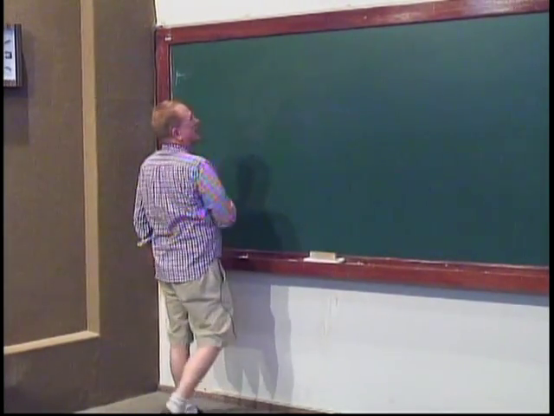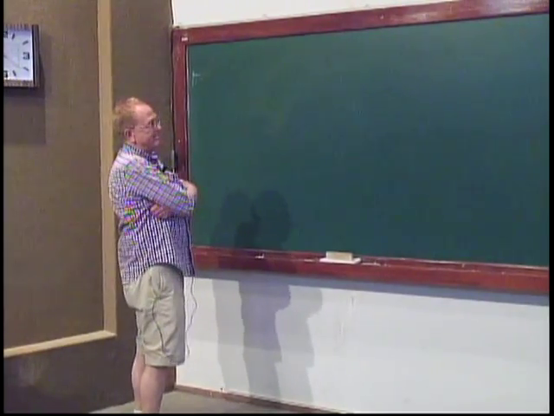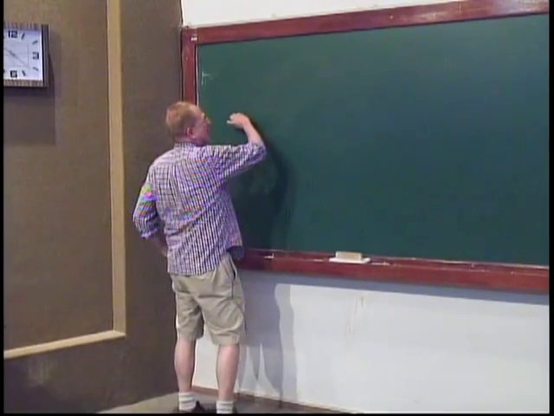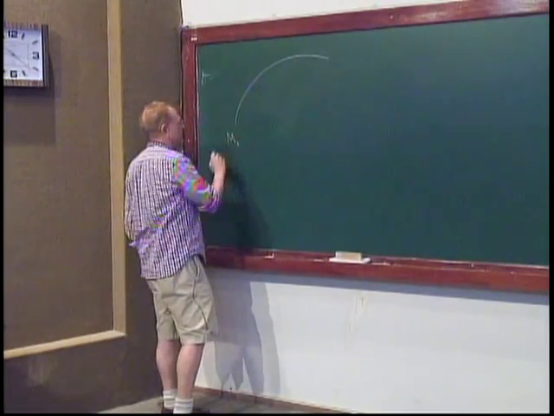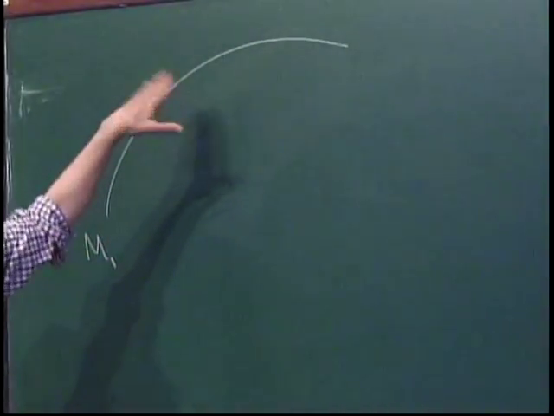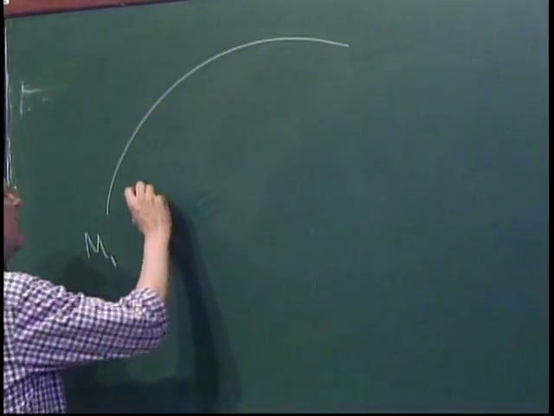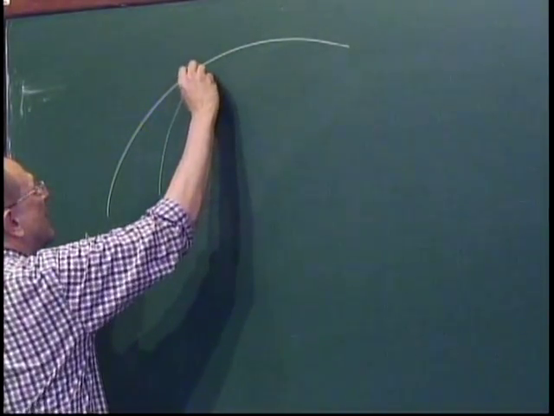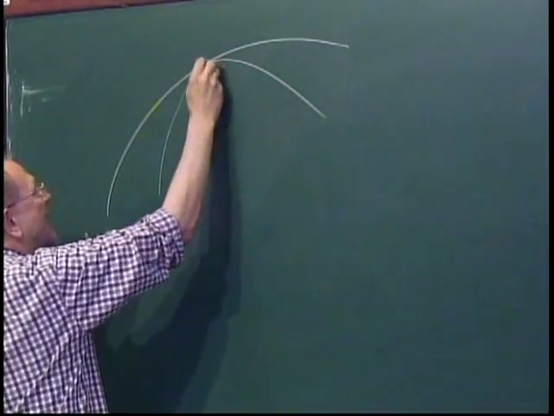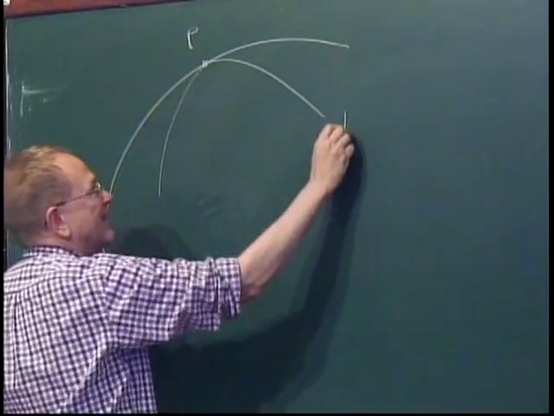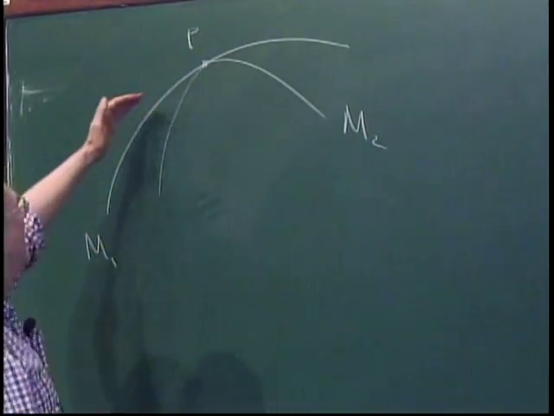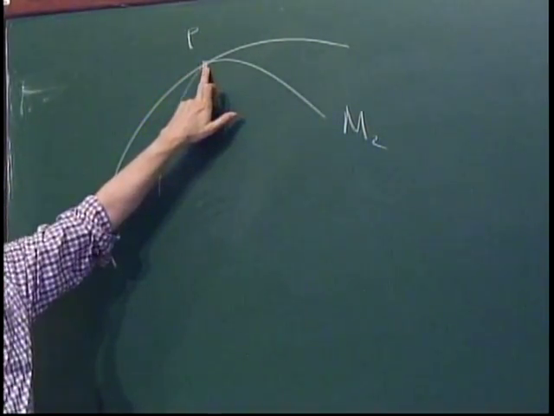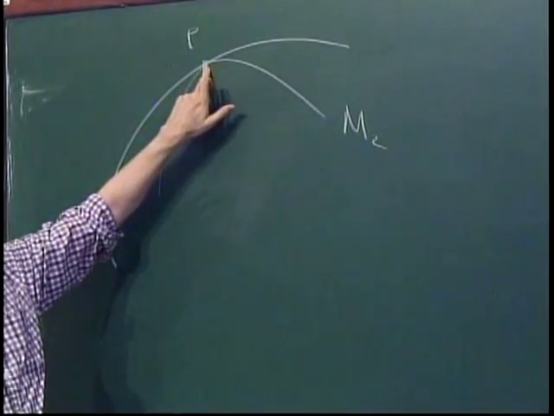One of the things that is very important in this subject is when you have two surfaces. I have a surface, and I'm going to draw it one-dimensional. I have a surface here, and I have another surface that lies on one side and intersects at a point. And I want to ask, how does this surface induce something about the geometry of the other surface?